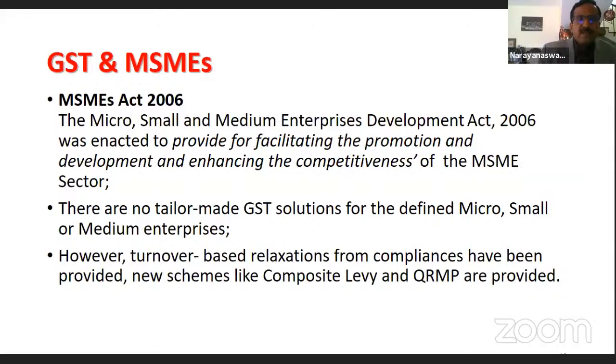There are no tailor-made GST solutions, but we have tailored a lot of things to meet their expectations. For example, composite levy is for them, threshold limit is for them. There is something called QRMP, that means quarterly return monthly payment. Up to 5 crore, people can opt for it, and they don't have to follow the procedure, but they have to pay the taxes every month.